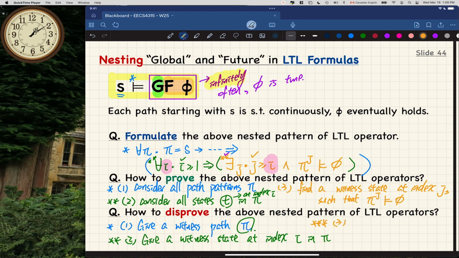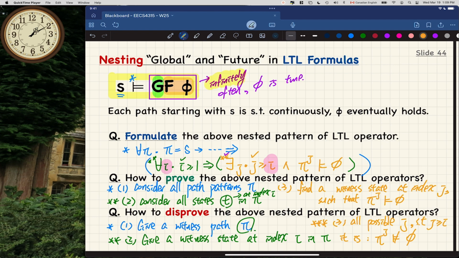So you want to say all possible j such that j is subsequent to I, larger than or equal to I, it is the case that pi to the power of j does not satisfy phi. If the definition is still going to bother you, that's maybe something you want to focus on more when you review. So, proving versus disproving.